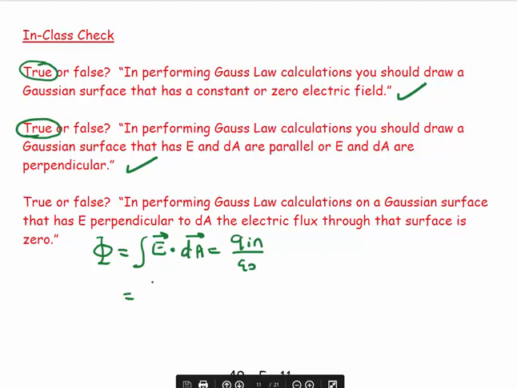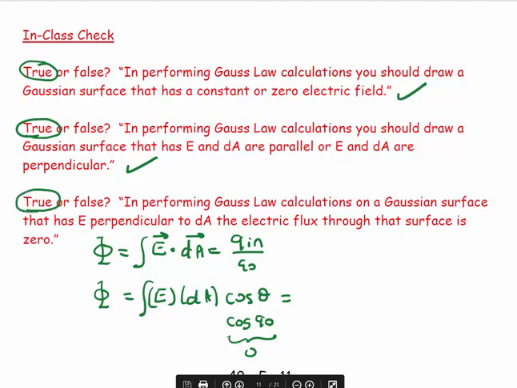Let's expand this: it's the integral of E magnitude times dA magnitude times the cosine of the angle between them. That's what a dot product is. If E is perpendicular to dA, this is the cosine of 90, which is 0. So that goes to 0, which means my flux goes to 0, and that is a true statement. Cool. There we have it.